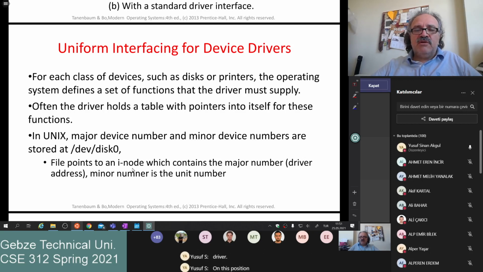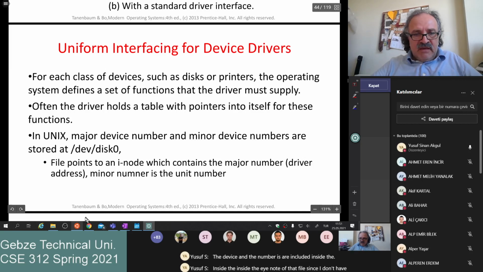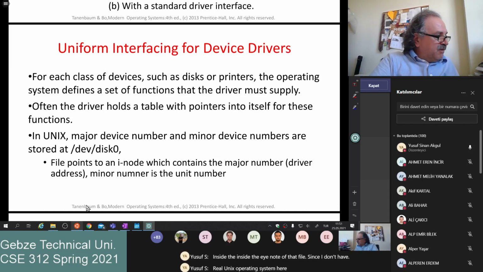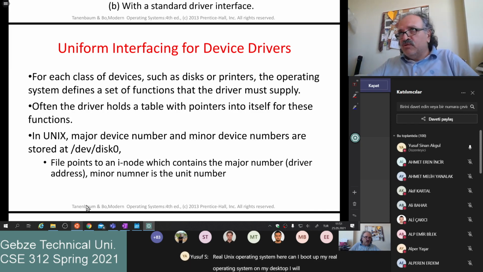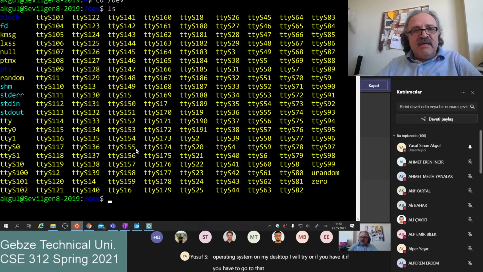So the device and the number are included inside the inode of that file. Since I don't have a real Unix operating system here, can I boot up my real operating system on my desktop? I will try. Or if you have it, you go to that directory and make a list.